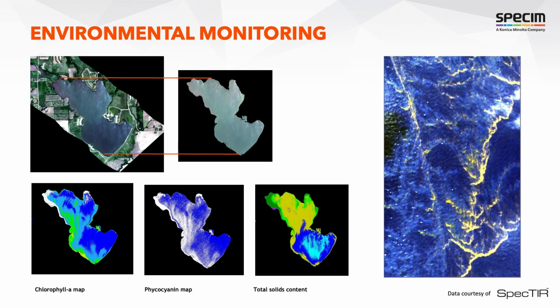They were using our VNIR camera to detect the presence of oil leakage and spillage over the sea. On the left-hand side, it was over a lake, more to map the chlorophyll content, but also the total solids. The good thing with the VNIR spectral range is that it penetrates into the water, so then it's possible to obtain such a map.